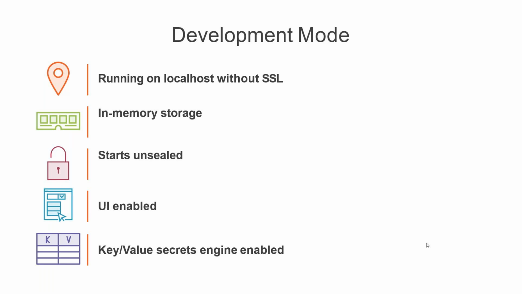Whenever you start it unsealed and with the UI enabled, by default, when you start development mode, the key-value secret engine is enabled. What is a secret engine? A secret engine is a place where the secrets are stored, we can call it a database. Now there are multiple different secret engines supported by Vault, which I'll talk about in some time.